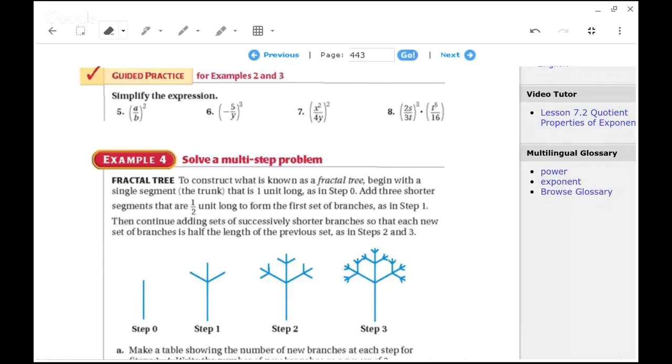All right, on number 8, a lot going on here. For this first one, you're going to apply that 3 to everything in the numerator and everything in the denominator.